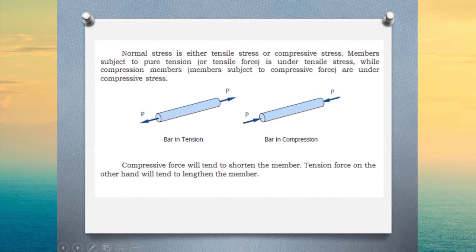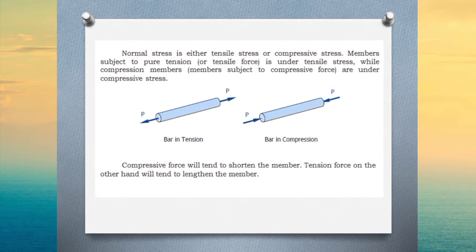So, tuloy tayo. Normal stress is either tensile stress or compressive stress. So, members subject to pure tension or tensile force is under tensile stress, while compression members subject to compression force are under compressive stress. So, if we have here a bar and it is in tension, so how are we going to determine whether the bar is subjected to tension or compression?